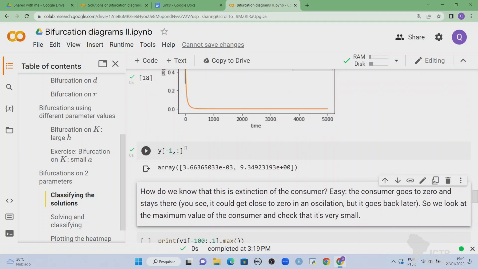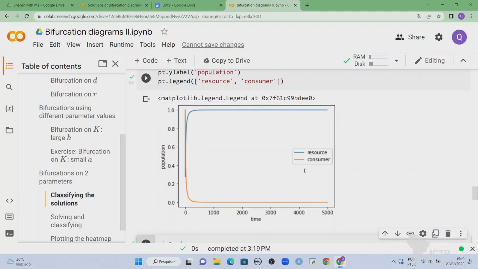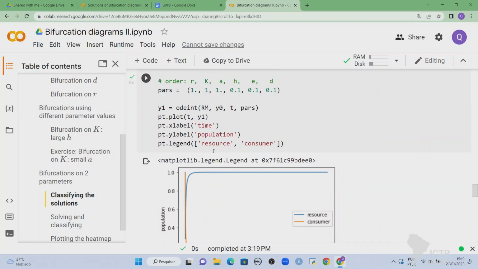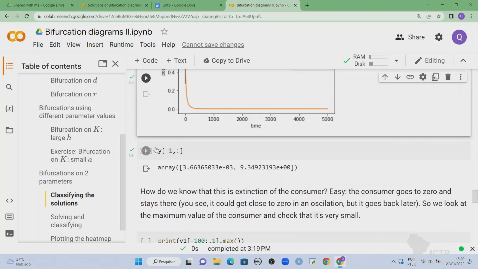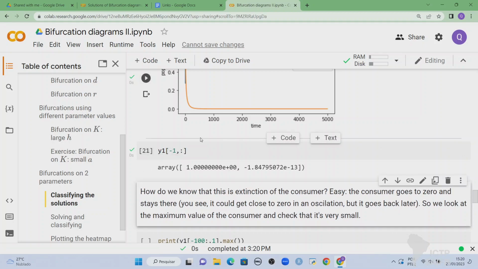Sorry, yes, thank you. I called this y1, so y is something else. Sorry. So I called this y1. Okay, now that makes sense.